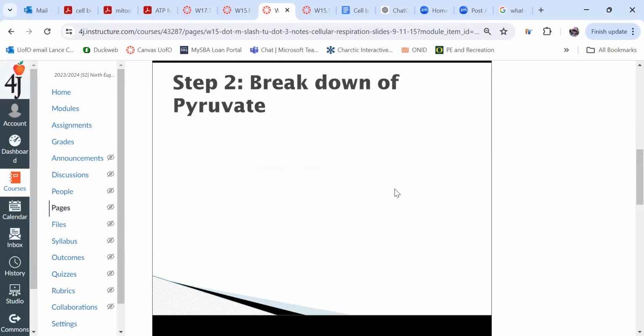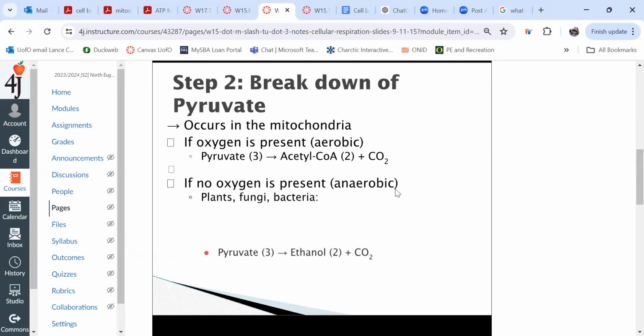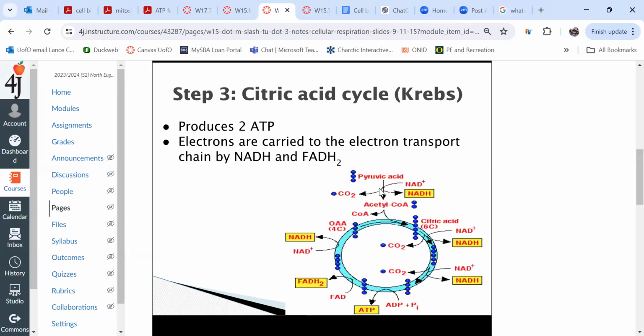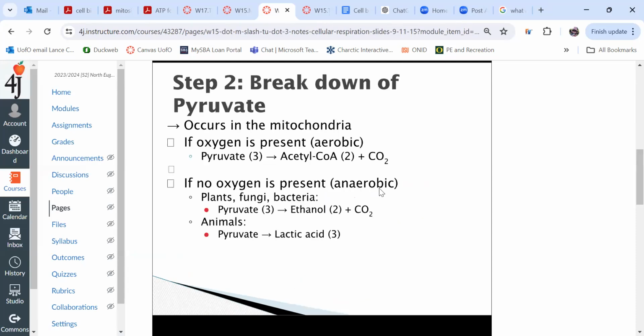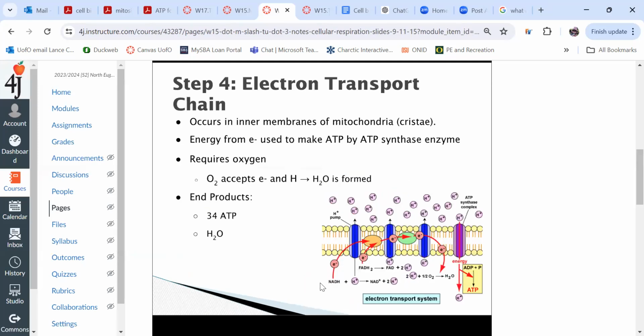Now we have to break down that pyruvate to make acetyl-CoA and carbon dioxide. So now we're taking that acetyl-CoA and we're producing a lot of NADH, a little bit of ATP, some FADH2 and NADH. Okay. And then in the electron transport chain, we use that to carry electrons.